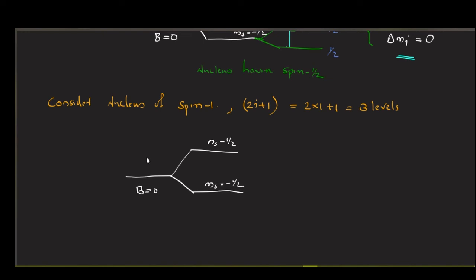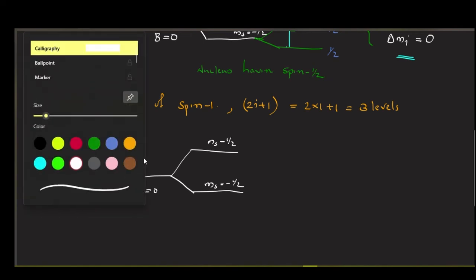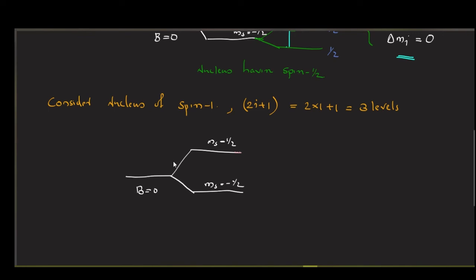Now, what happens when this electron having spin half interacts with the nucleus of spin 1? Each level will split up into 3 components. This level will split up into 3.